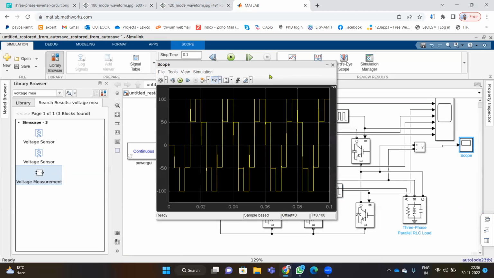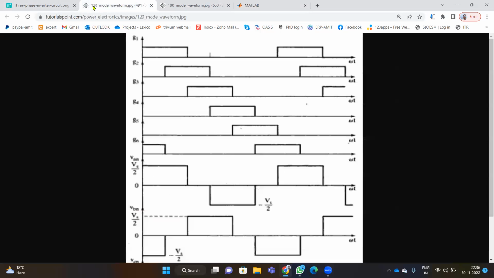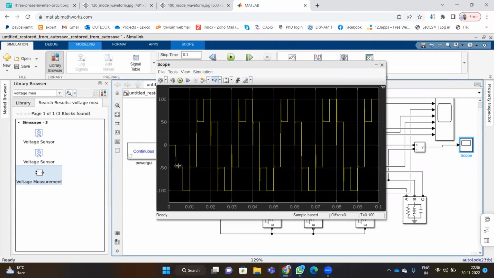So see, this is our output waveform for 120-degree mode conduction. And this is what is given in your 120-degree mode conduction. So the maximum output will vary. See here, we are getting one pulse at 50% and another pulse at 100.